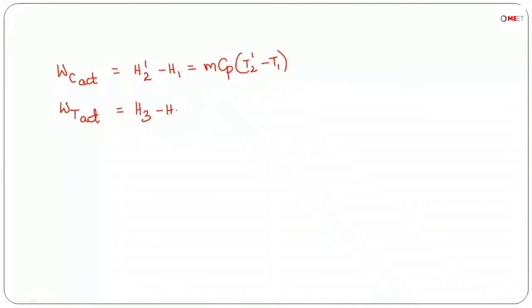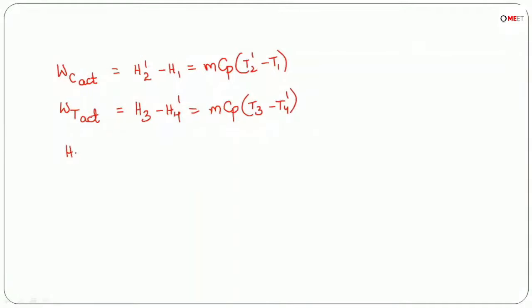We need to consider work consumed by the compressor actual, which is H2 dash minus H1 or MCP into T2 dash minus T1. Then work developed by the turbine actual. So work developed by the turbine actual is H3 minus H4 dash, which is MCP into T3 minus T4 dash.